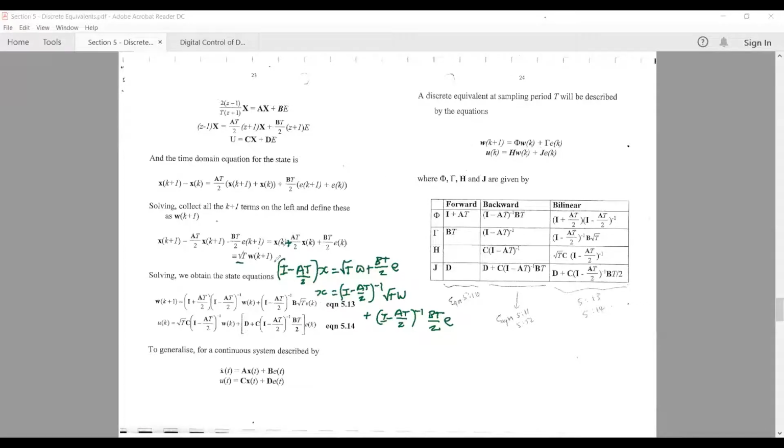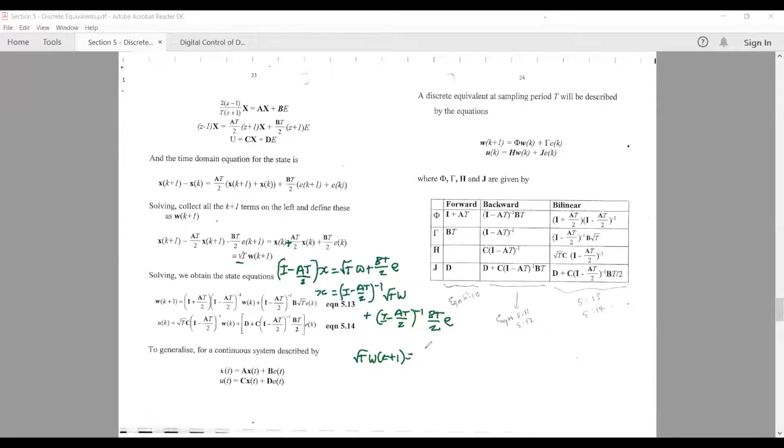Now, since root of T w of k plus 1 is equal to x of k, I can just write this whole thing here. So root of T times w of k plus 1 is equal to x of k plus AT over 2 times x of k plus BT over 2 times e of k.